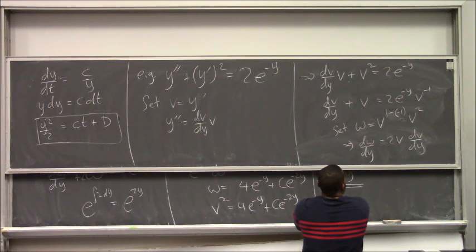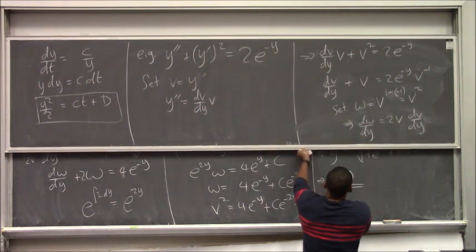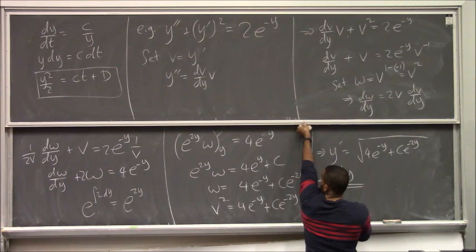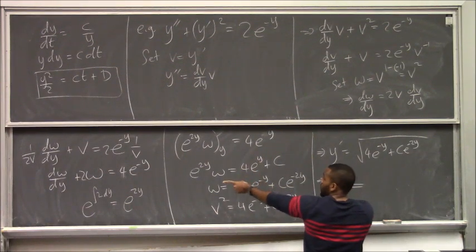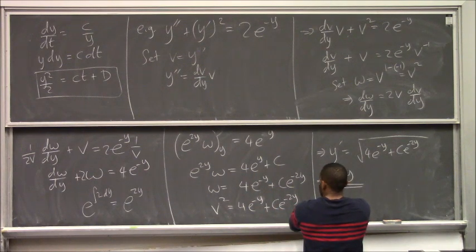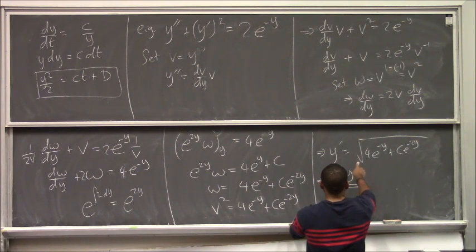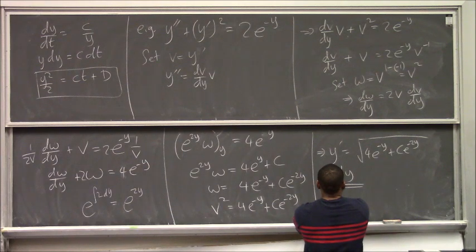What if you take the last step of that and we try to turn it into an exact equation? Before the very last step, you have y prime equals the square root of 4e to the negative y plus ce.